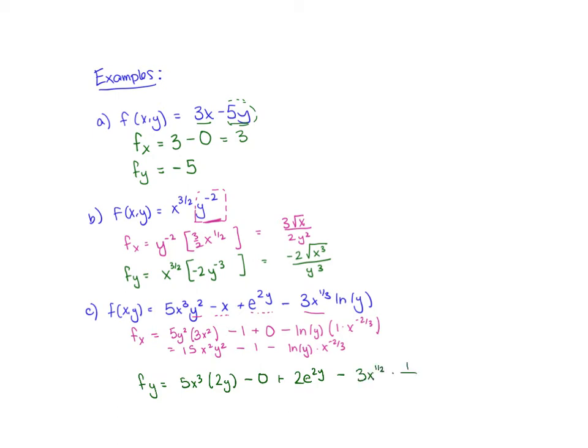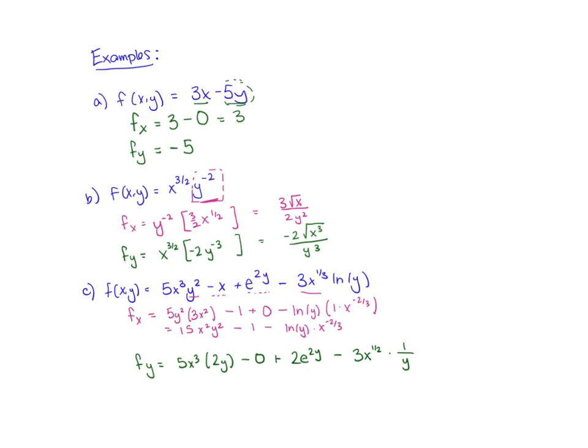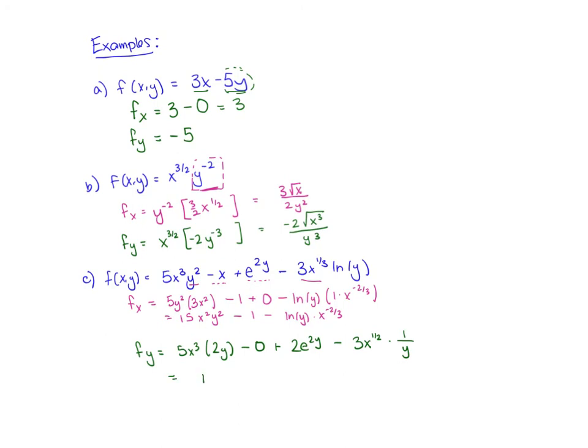And the derivative of ln of y is 1 over the absolute value of y. Just kidding, we don't need absolute values there because the domain is positive. So I could just do 1 over y. Which again, if I want, I can simplify: 10x cubed y plus 2e to the 2y minus 3 root x over y. That's my partial with respect to y.